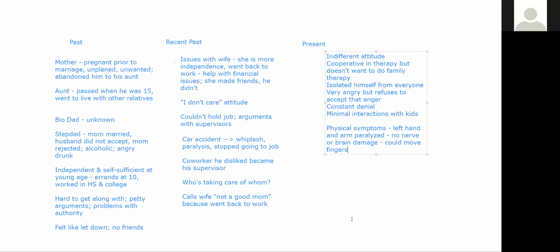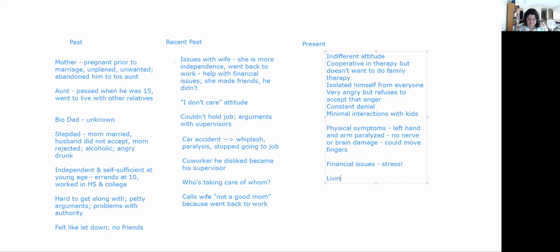He also has financial issues, and that's really stressing him out and bothering him. Mm-hmm. How's his relationship with his wife right now? All but non-existent. Right.